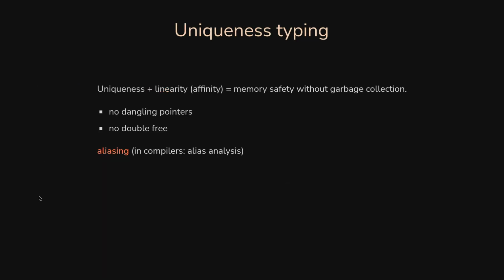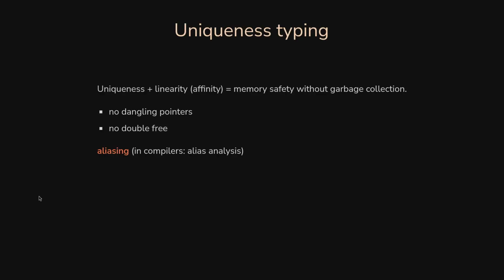And what's really remarkable about Rust is that it combines the two. As we said, the move semantics and ownership is more like linearity, and it's not entirely true because of bugs and so on, but let's say. And borrowing is uniqueness. And thanks to that, it is, to my knowledge, one of the first concrete type systems that is able to guarantee both memory safety and avoid garbage collection.